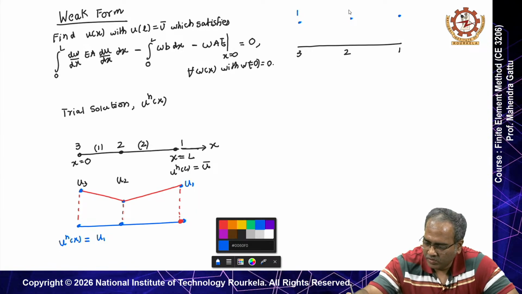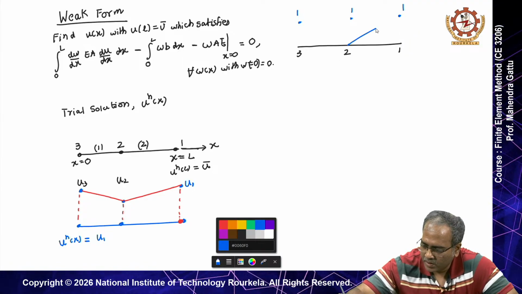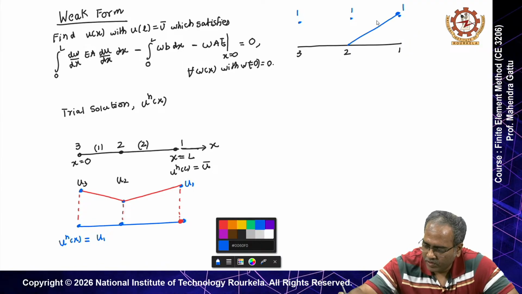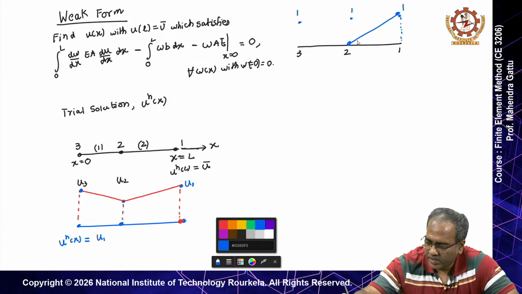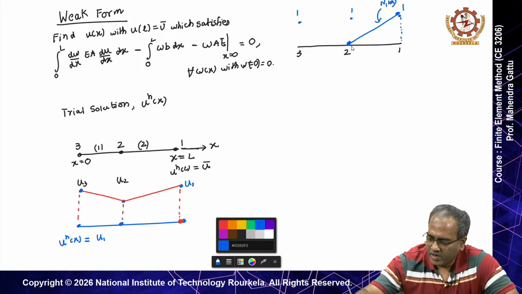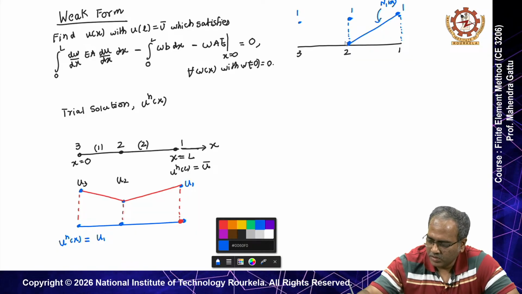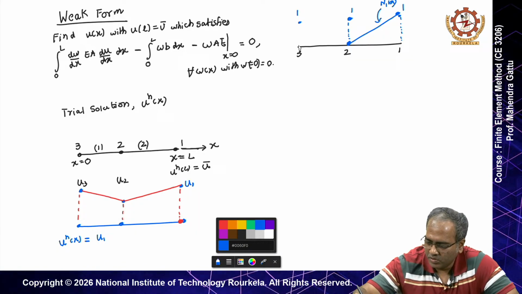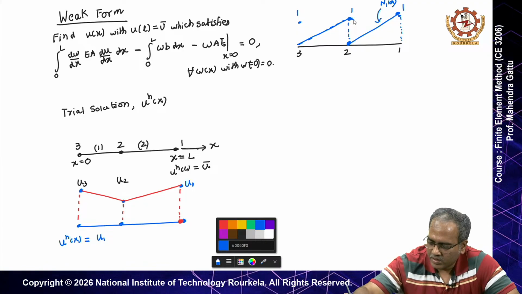So, the value at the nodes is 1. So, this is shape function 1, it has a value of 1 at node 1 and at node 2 it has a value of 0, and in intermediate points we have N1, it is a linear function. And for node 2, shape function 2 has a value of 1 at node 2 and at the remaining points it varies like this.